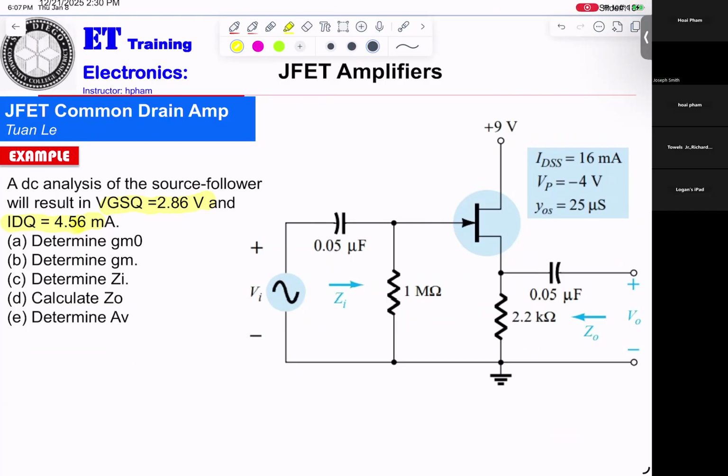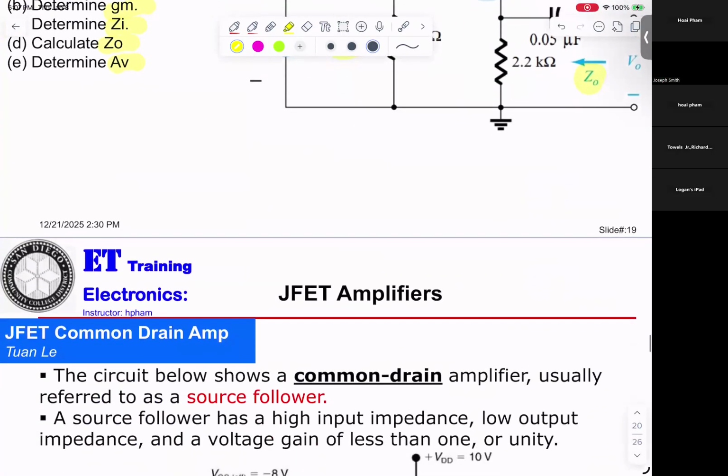So that's easier to calculate. They calculate GM0, GM, input impedance, output impedance, AV, G in here, G out here. Then if you go to the previous page, I think that can help you to do it.